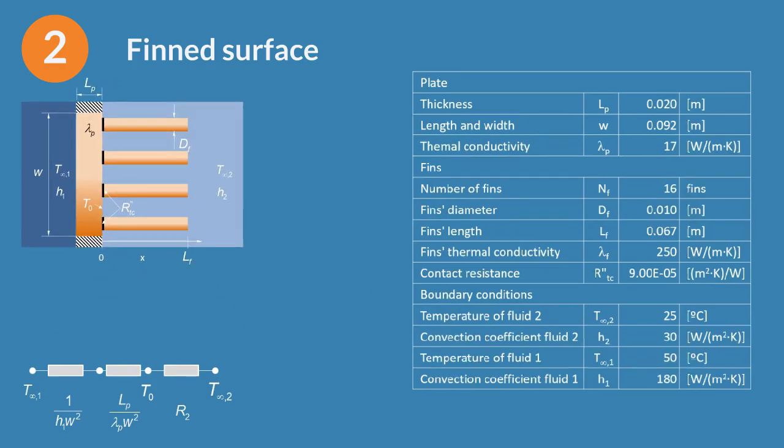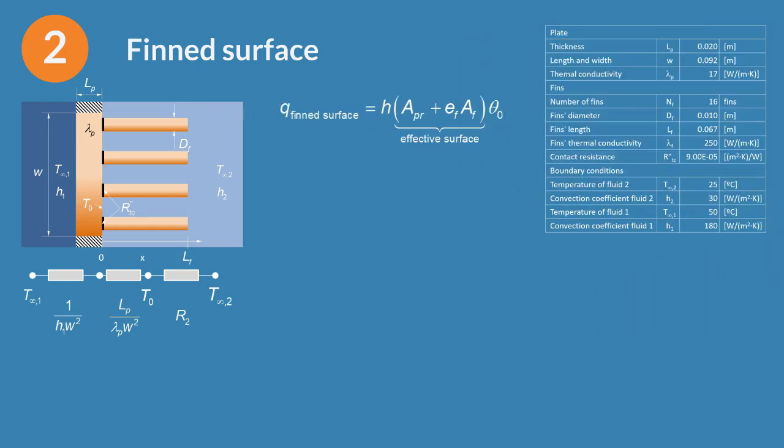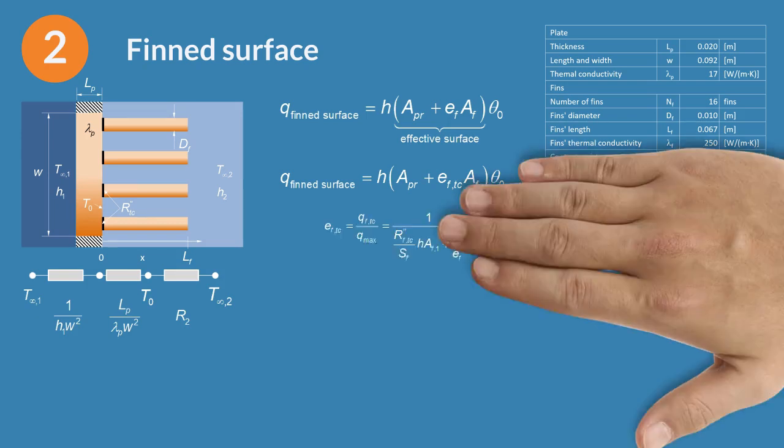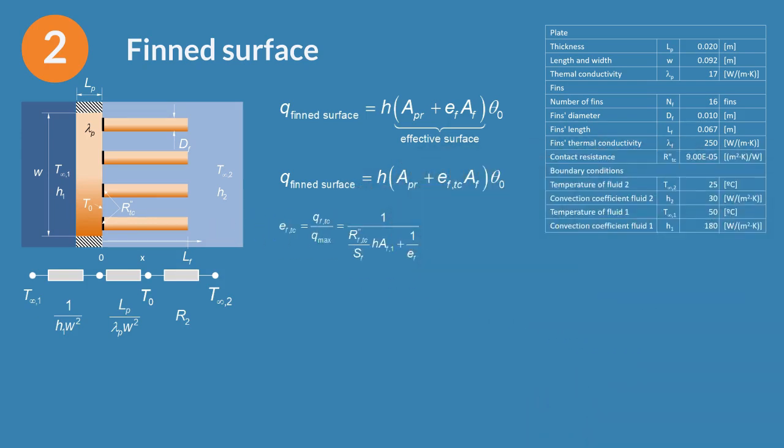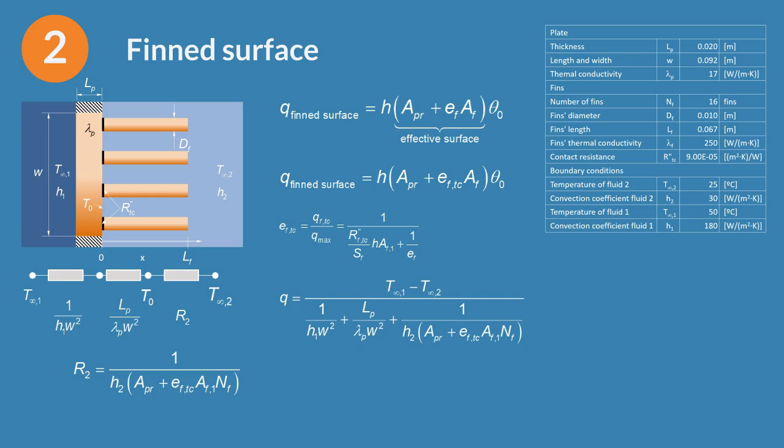In the theory of fins, we have seen the heat transfer rate of a fin surface. For fins with contact resistance in the base, we must use the efficiency that takes into account this resistance. This efficiency formula was developed in the theory of fins. With all this information, we can build the expression for R2, and the expression for the heat transfer rate between fluid 1 and fluid 2.